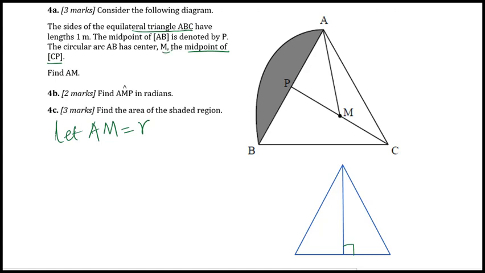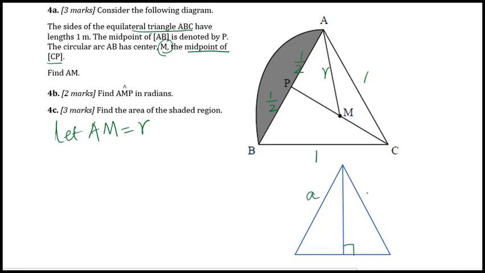Because M is the center of arc AB, we label it as R. Since ABC is an equilateral triangle, this is 1, this is 1, and this is 1 over 2, 1 over 2. For the equilateral triangle, try to remember the following facts.